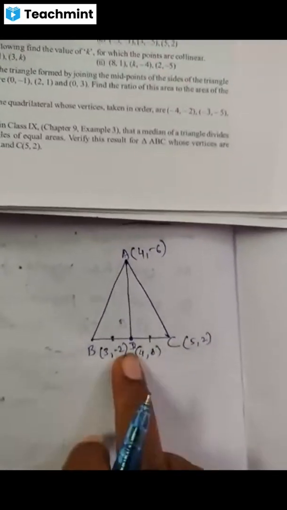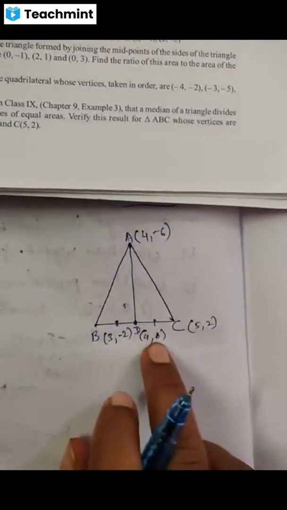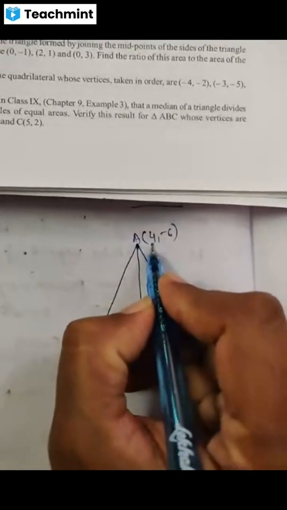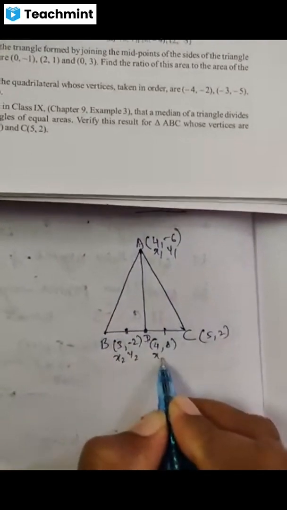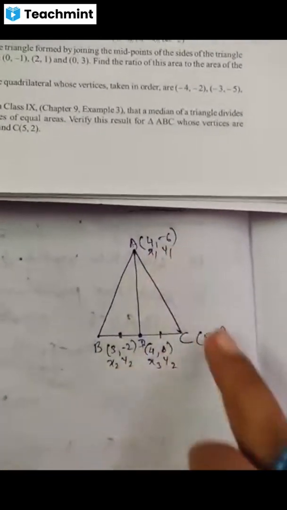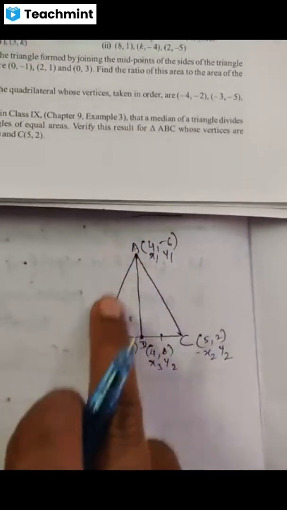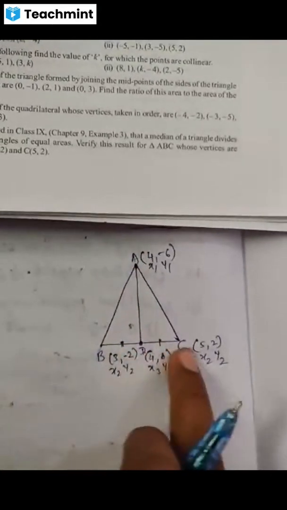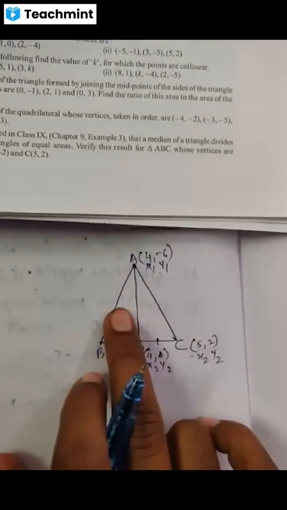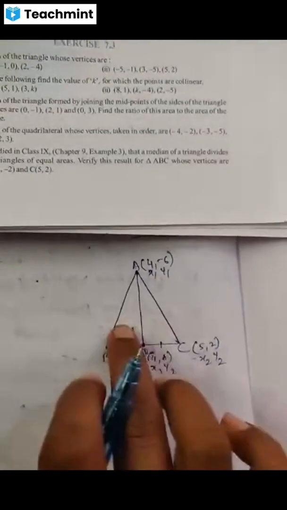So the coordinates of D are (4, 0). After finding this, take x1, y1, x2, y2, x3, y3 and find the area of triangle ABD and the area of triangle ADC separately. If these areas are equal, the statement is true. So definitely the areas will be equal.